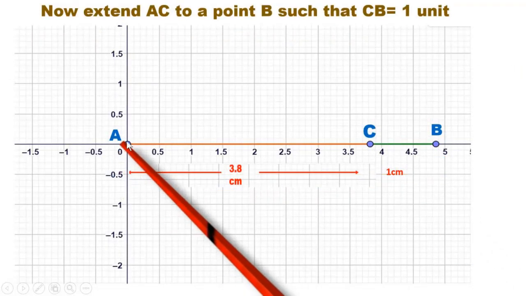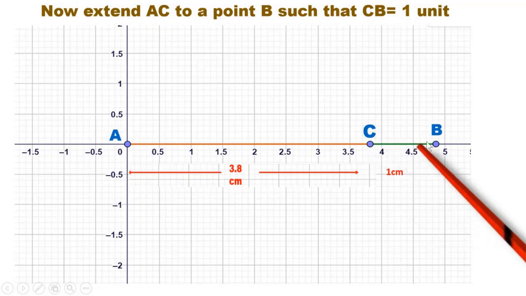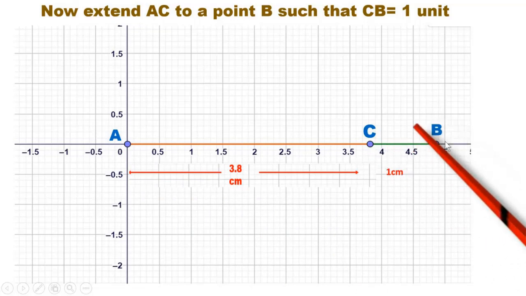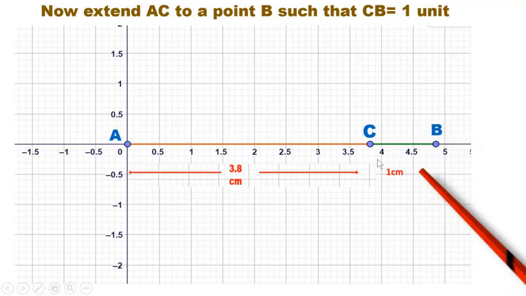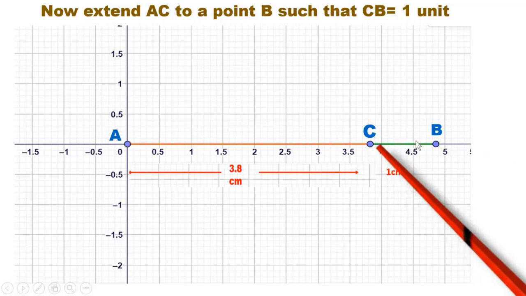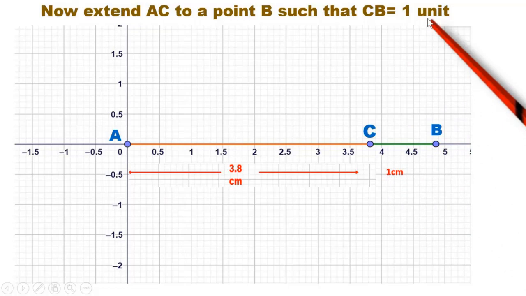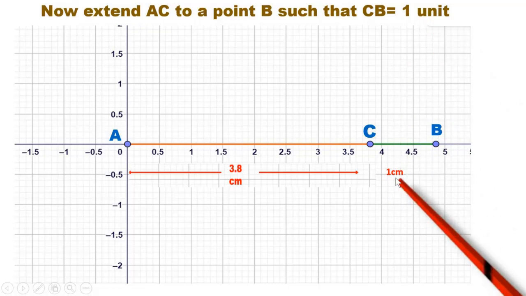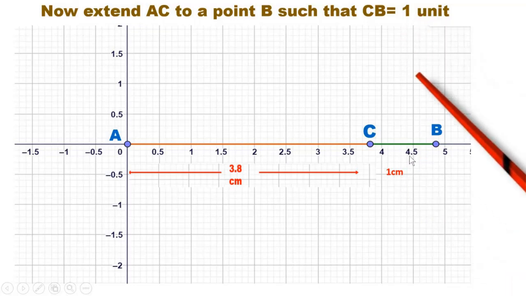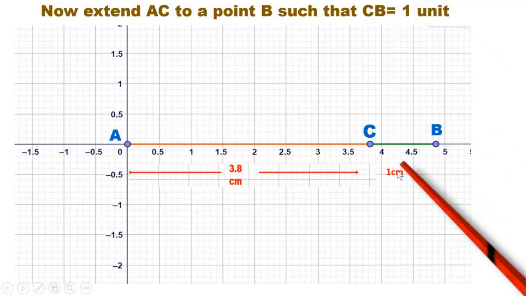Now extend AC to a point B such that CB is equal to 1 unit. AC is equal to 3.8 centimeter and CB is equal to 1 centimeter. Now here our unit is centimeter.